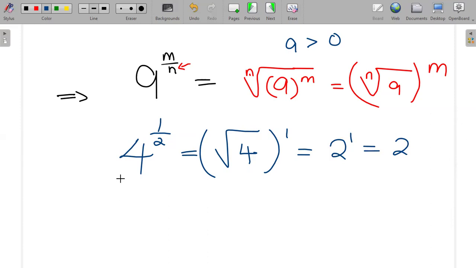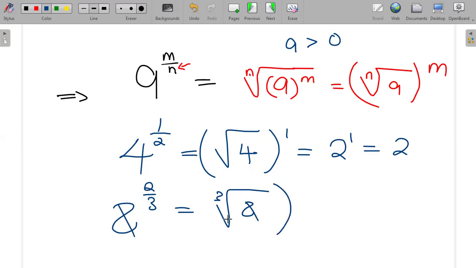Okay, what if I have 8 to the power 2 over 3? Since there's a 3, it means I have the cube root. So the root for the 3 is called the cube root. I'll put a 3 there, of 8. And then whatever I find there, I just raise it to power 2, because the 2 is the one that is on top.